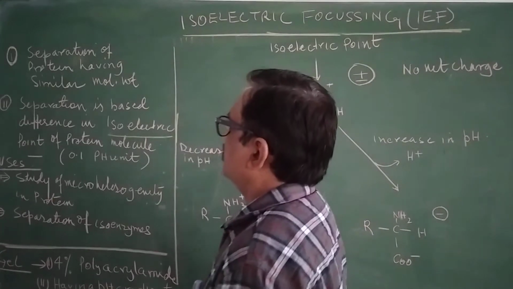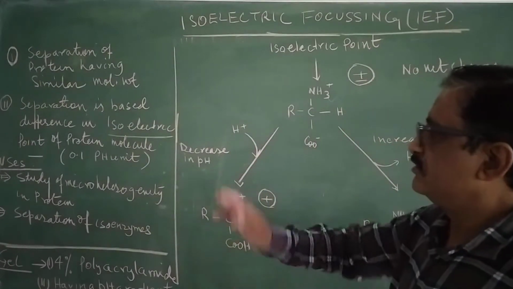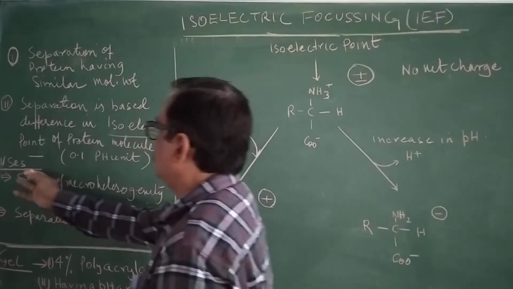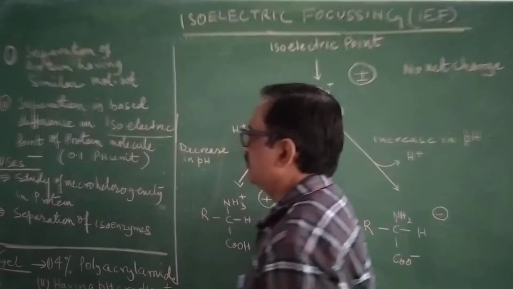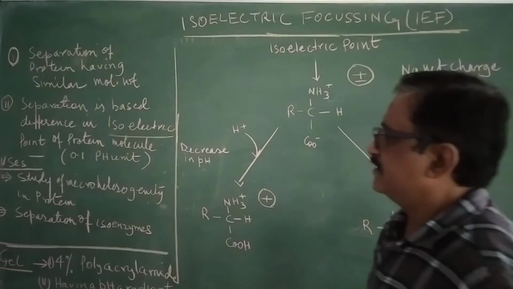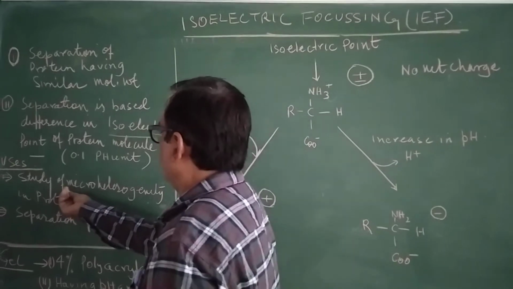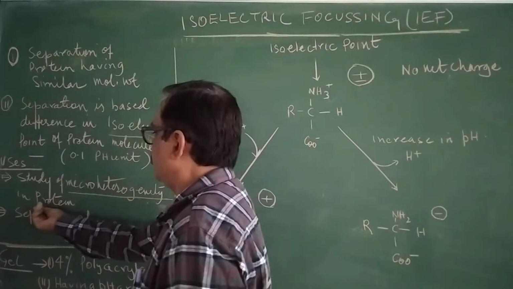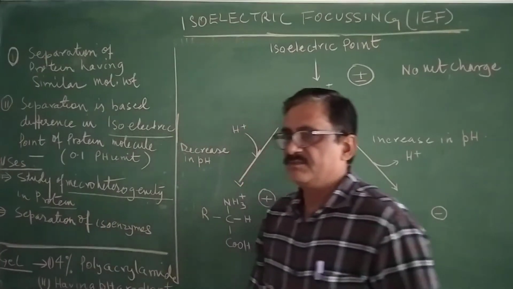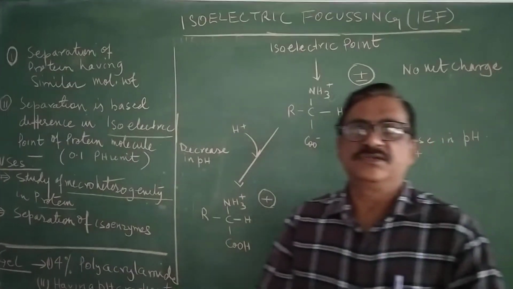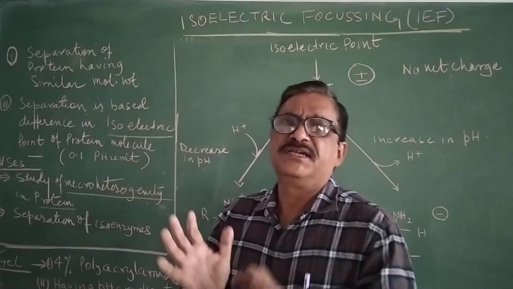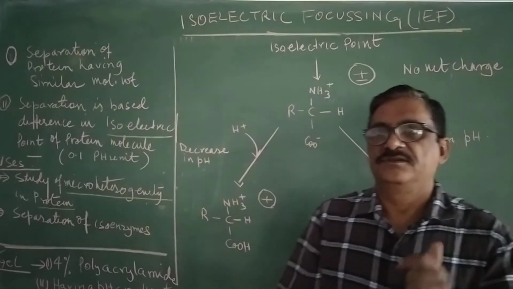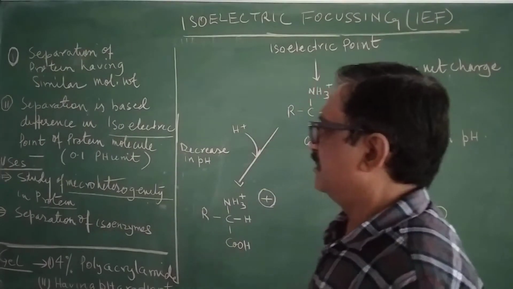Before we go into the process, we should know what are the uses of isoelectric focusing. By this method, one can study the microheterogeneity in the protein molecule. That means protein molecules which differ very minutely can be separated.